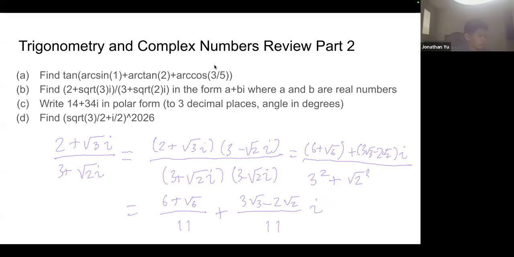So A is 6 plus root 6 over 11, and B is 3 root 3 minus 2 root 2 over 11. Yeah, so for this one, we just use complex conjugation.